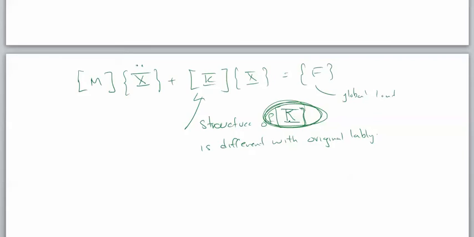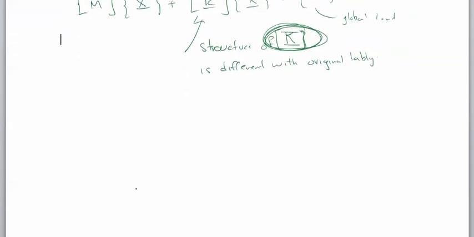So, by the way, if we assume that the masses M3, M4, M5 are, hypothetically, let's say 1 kilogram.